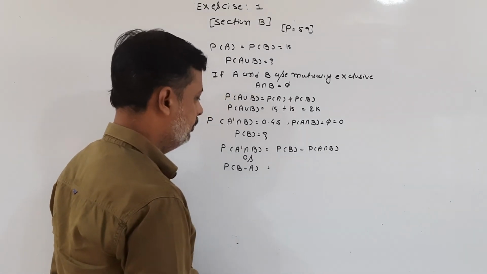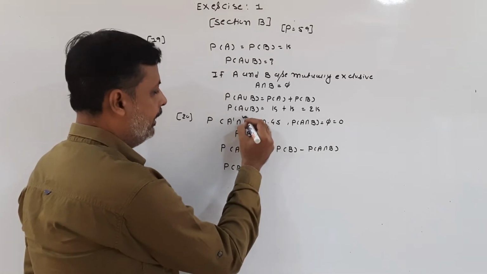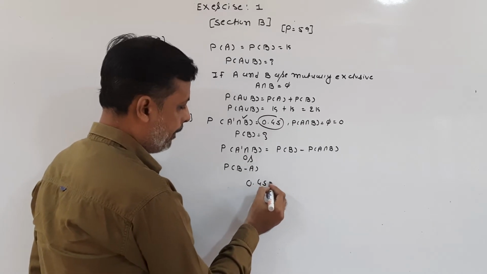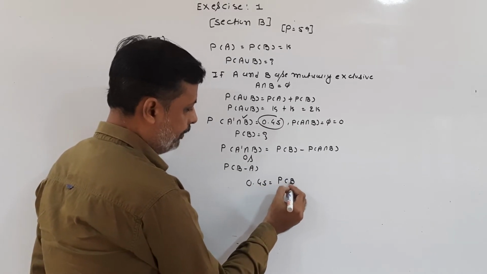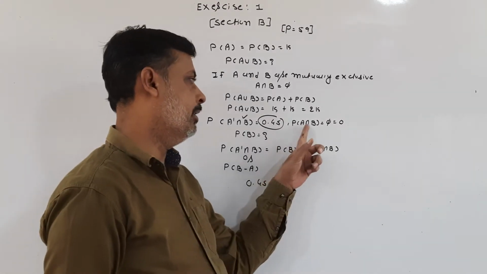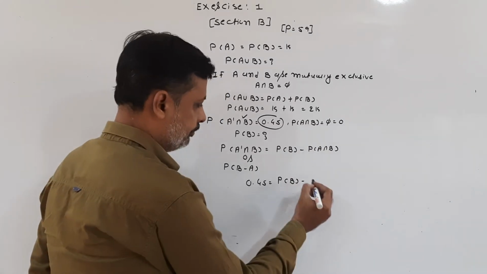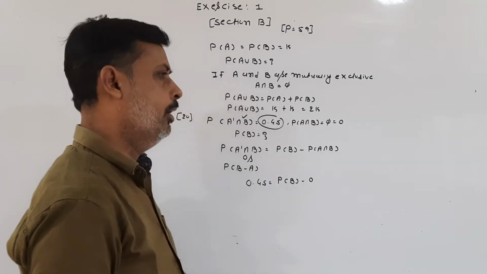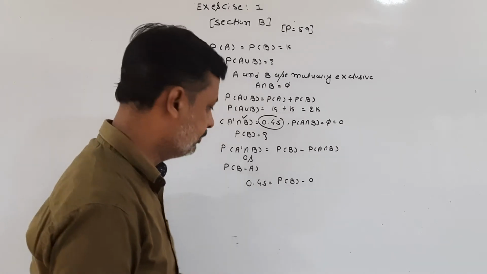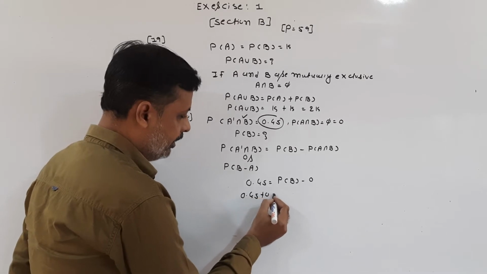Here we put the value, A dash intersection B is 0.45. P of B we have to find, and A intersection B is equal to phi, which means 0. Then minus 0 comes here. Nothing changes if you subtract 0 from any value.